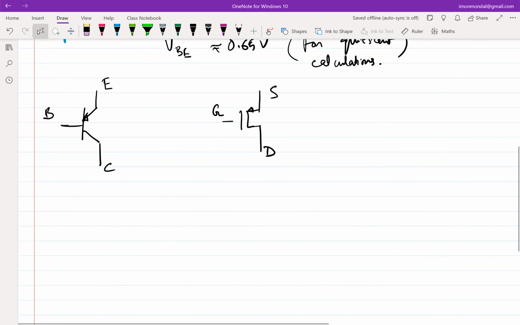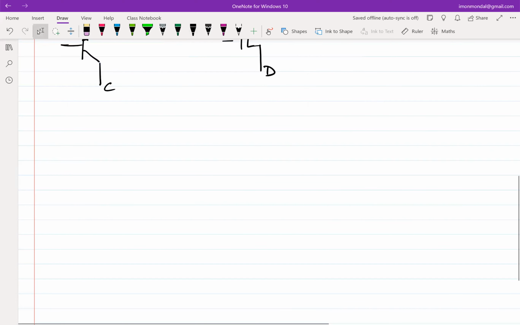Now the question comes as to how do we bias these transistors. We can take the examples of whatever you did with MOSFETs, and do the same things in case of BJTs. In case of a MOSFET common source amplifier, we started off by doing this.